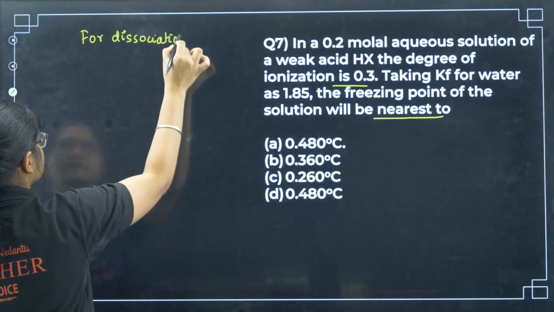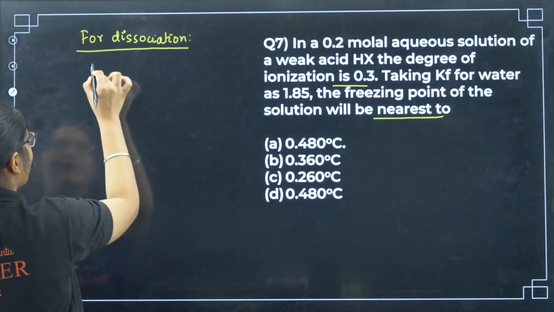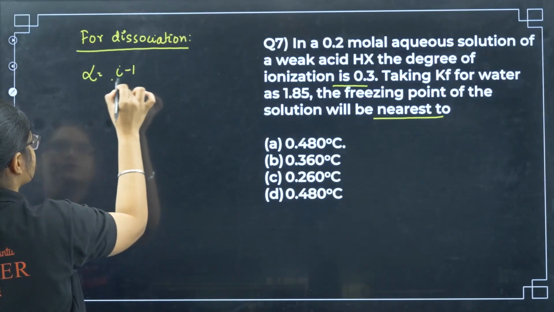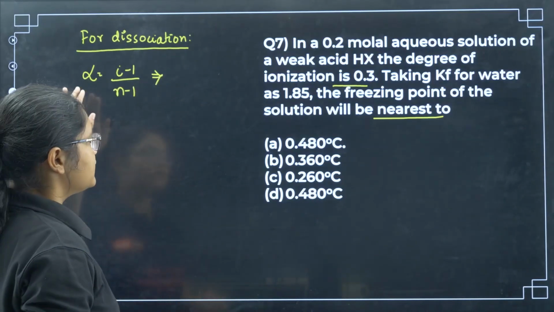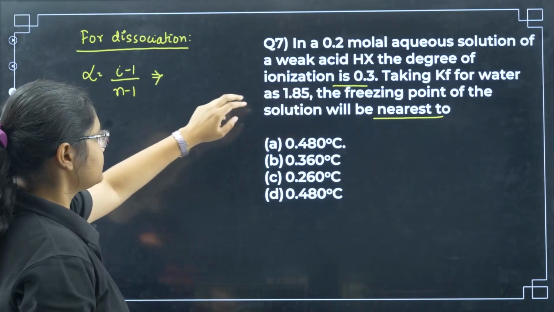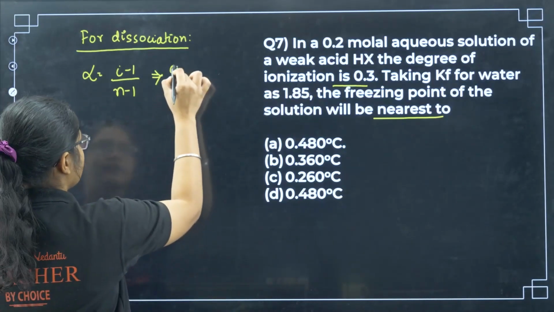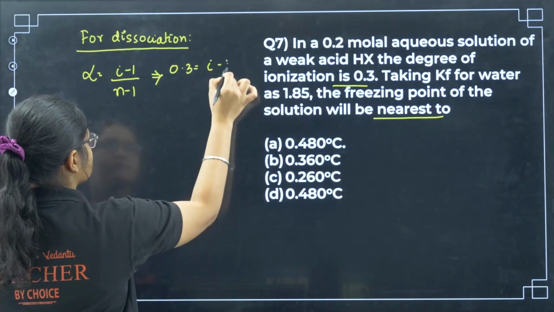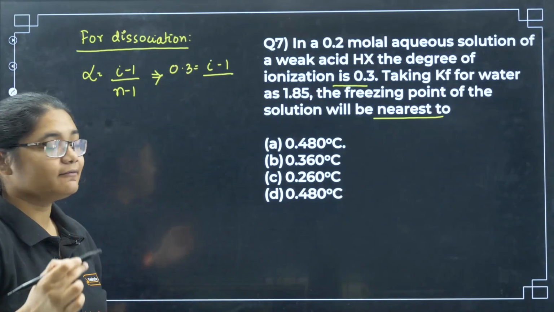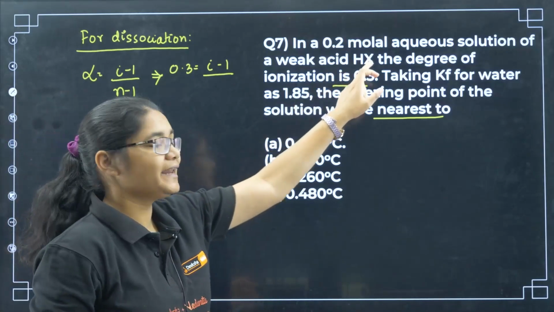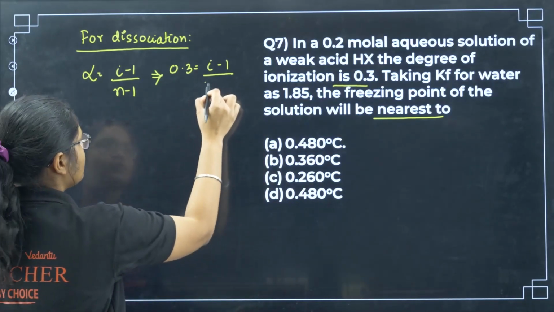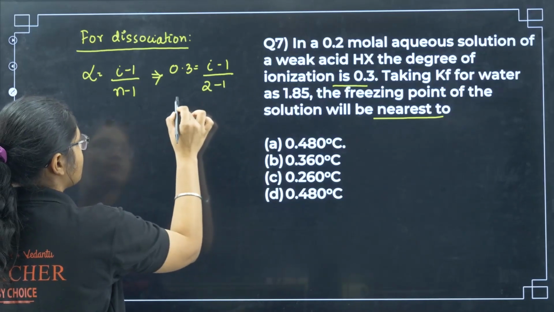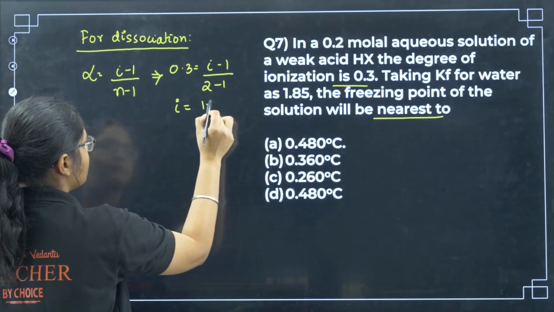So for dissociation, what is the formula of alpha? That is equal to i minus 1 by n minus 1. The degree of ionization is 0.3, i minus 1. What is the n value? It means how many ions it will dissociate into. HX will give you H plus and X minus, 2 ions. So 2 minus 1, and i will be equal to 1.3.